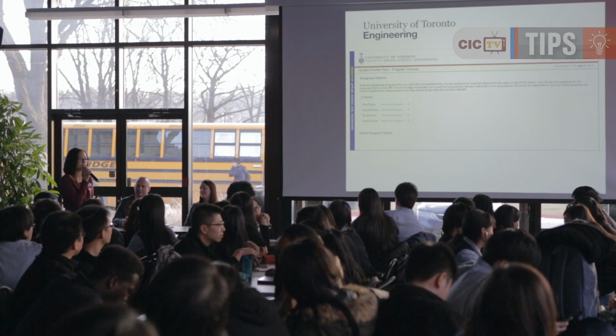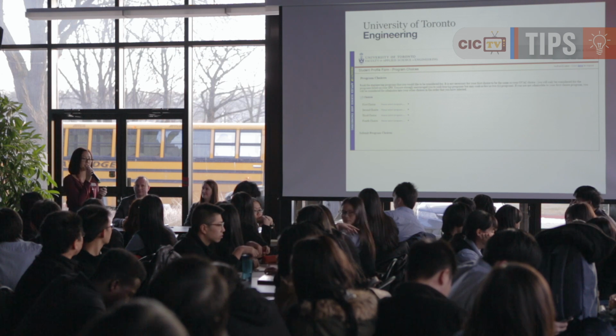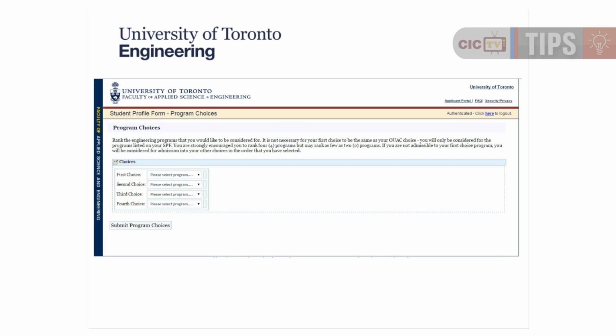So for example, if you put mechanical engineering as your OUAC choice, but you changed your mind and you wanted to do computer engineering instead, you can rank that first on your student profile form, and we'll consider you for your first choice. And if for whatever reason you don't get into your first choice, we'll move down the list.